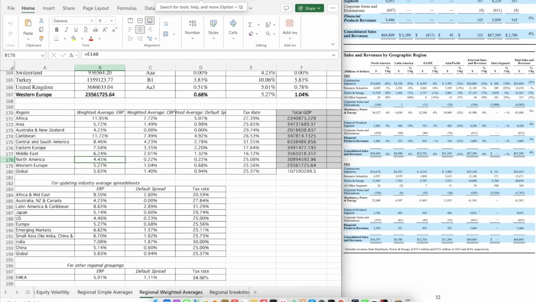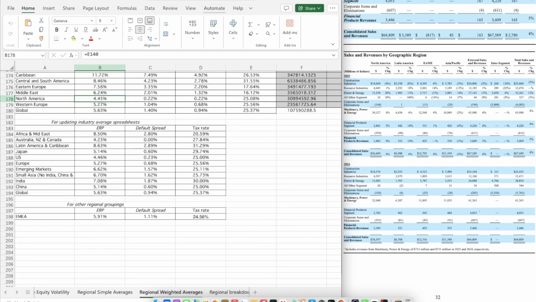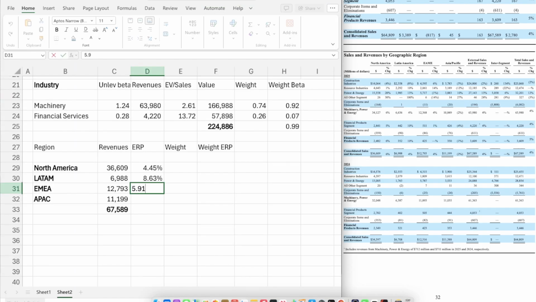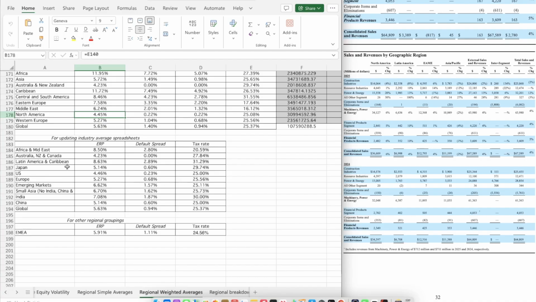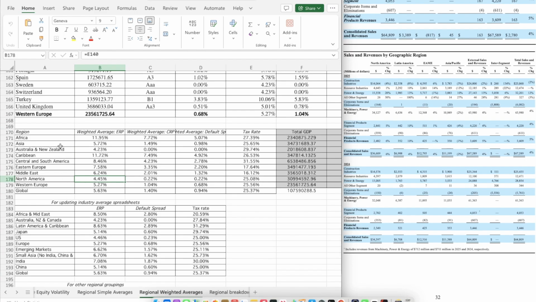Europe, Middle East, and Africa has its own one here, 5.91. Then APAC is Asia, 5.72.